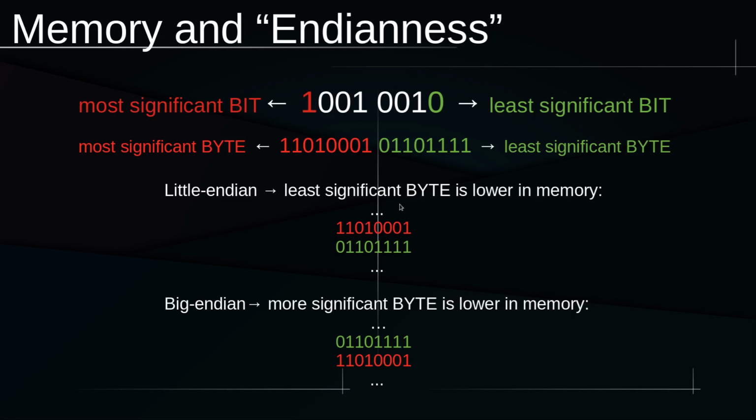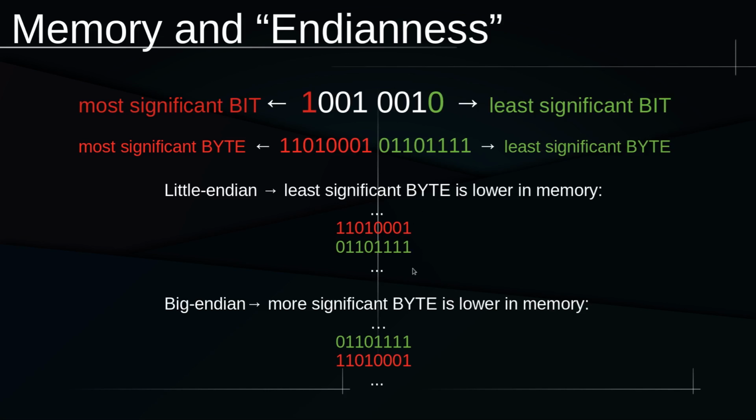And anyway, little-endian refers to the way that words are saved in memory. In a little-endian architecture, the least significant byte in a word would be saved lower in memory, and the most significant byte would be saved higher in memory.